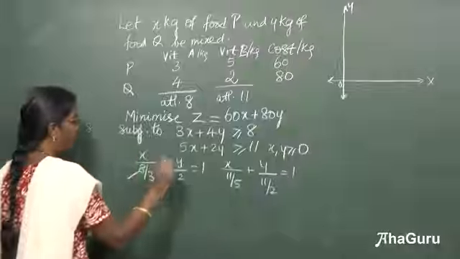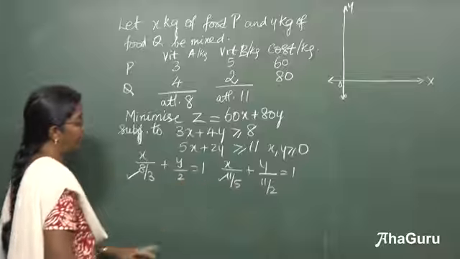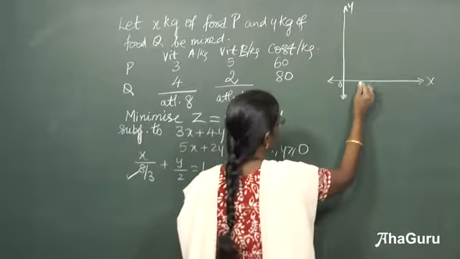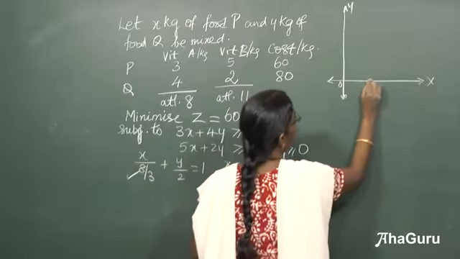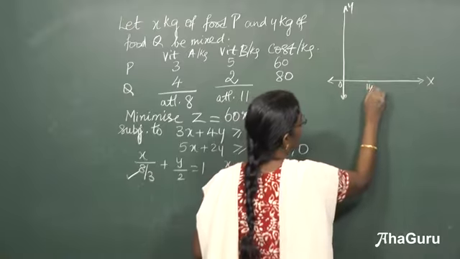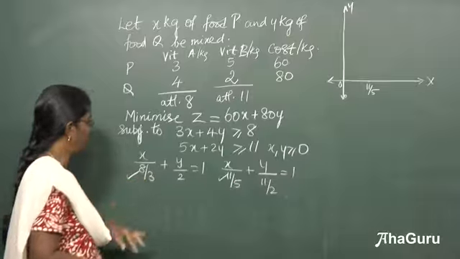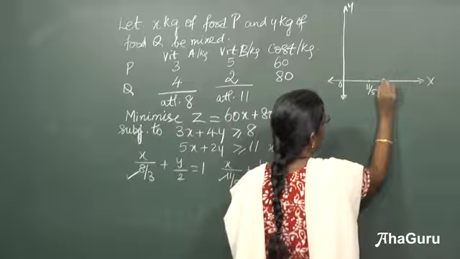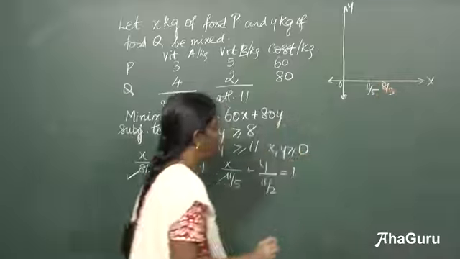So, the 2 x points I need are, one is 8 by 3, the other one is 11 by 5. 11 by 5 is 2.2 actually. So, we will consider 11 by 5 here. 8 by 3 is approximately 2.7, I will consider here, right.